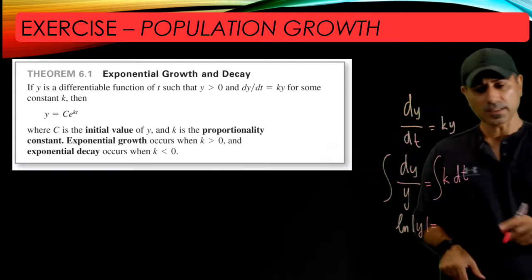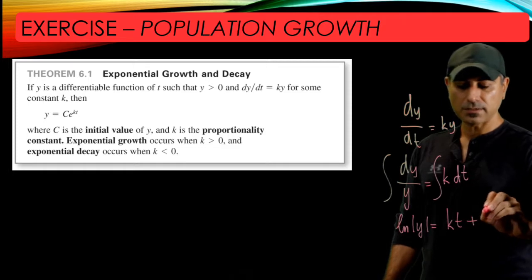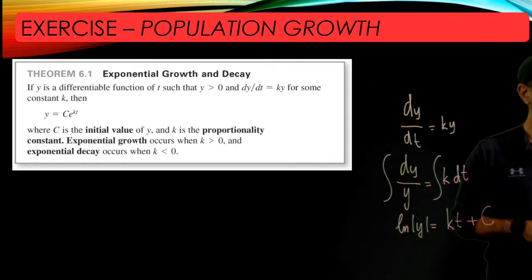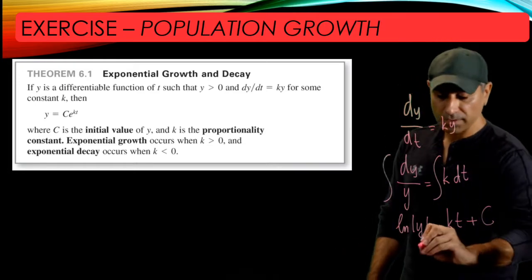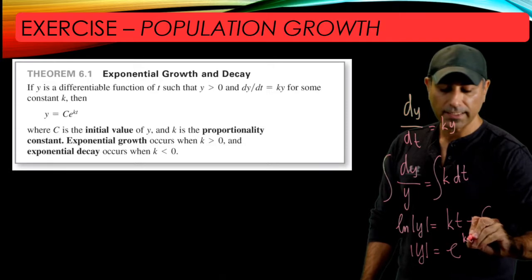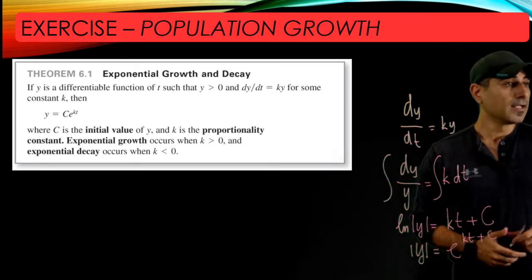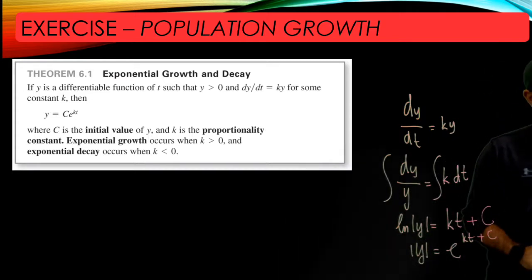And then the right-hand side, since k is a constant, is integrated as kt plus c. This is equivalent to saying, by using the ln property, that the absolute value of y is e to the kt plus c. And exponential functions are always positive, so I don't even need to carry forward the absolute value sign.